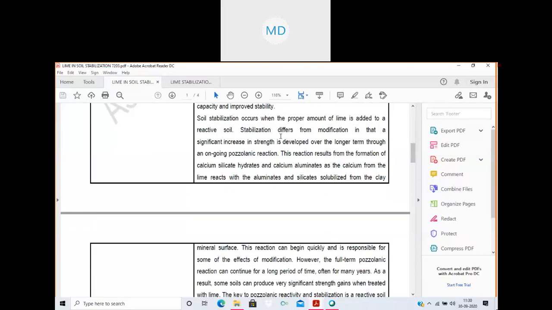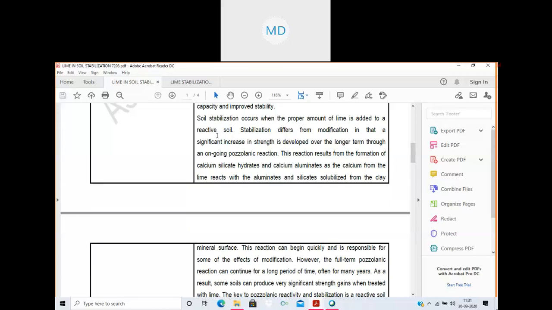Soil stabilization occurs when a proper amount of lime is added to a reactive soil. One more thing, this term reactive soil. We can use lime for stabilization purposes only when the soil is reactive. If the soil is non-reactive, we cannot use lime for stabilization. Now, what does reactive soil mean? It means the soil should have proper cations and anions to be able to react with the lime.